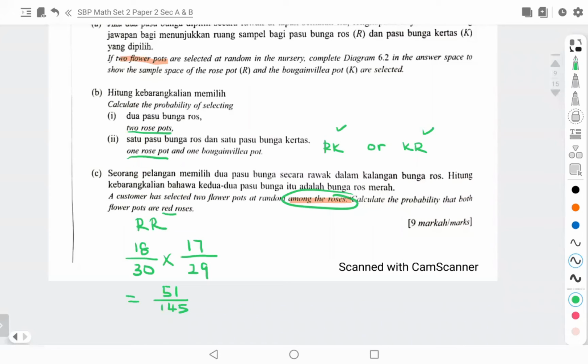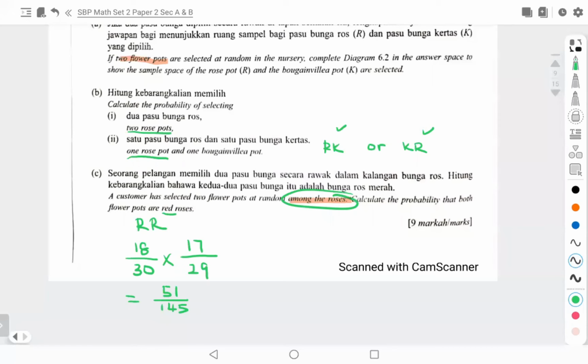When you multiply the second time, you will always less 1, but not every time. It depends on the situation. You need to minus 1 when you select without replacement, without putting back.